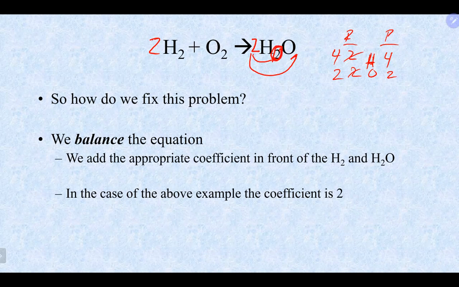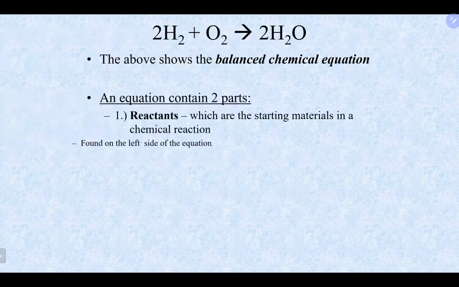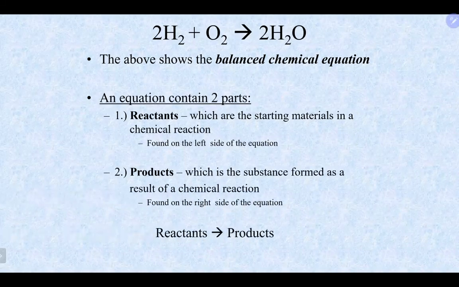You should also never put any big numbers in between, like in the formula. So only those coefficients in front. So by putting those 2's in there, that gives us our balanced equation. And again, that is always what you want.